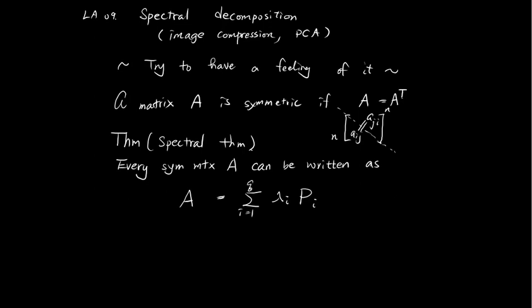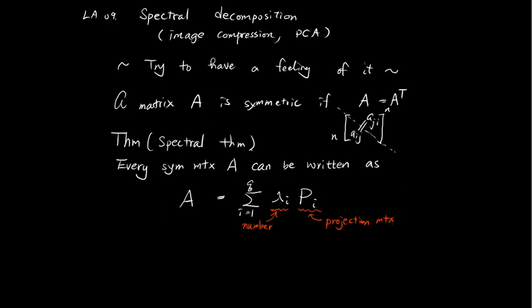So it can be the sum of such pairs. So let me give you a better picture of this. Okay, so lambda is just a number. But the important thing is that P_i is a projection. So later on, I will give you the graphical idea about this decomposition.